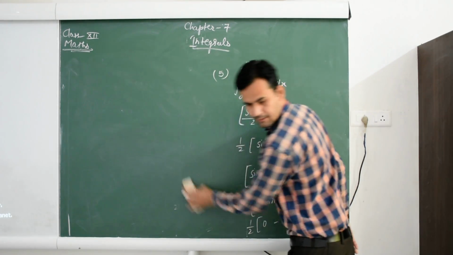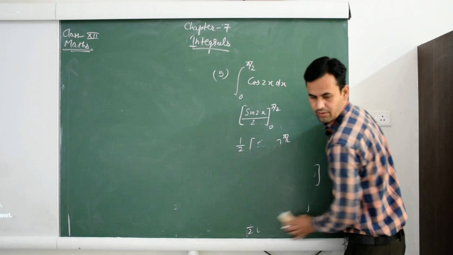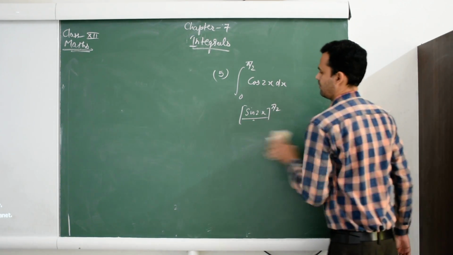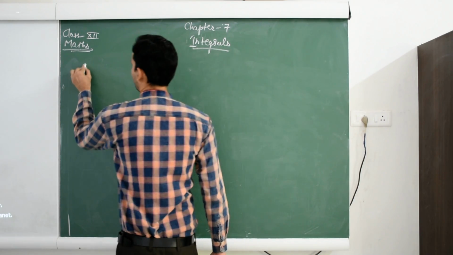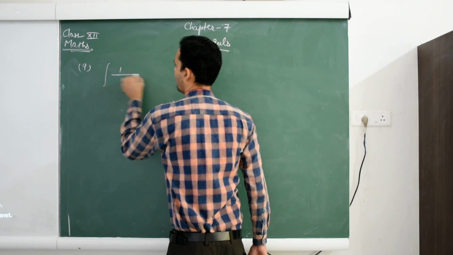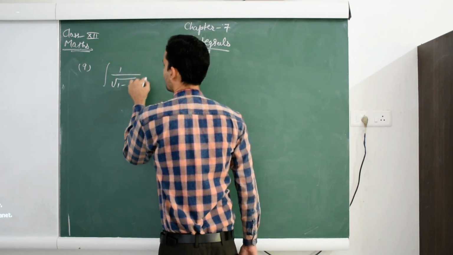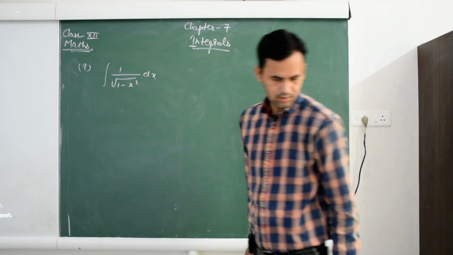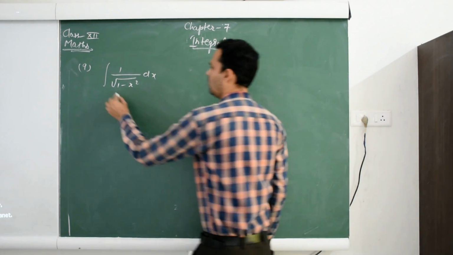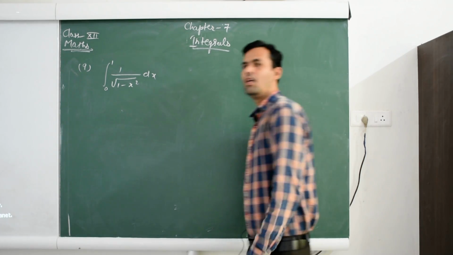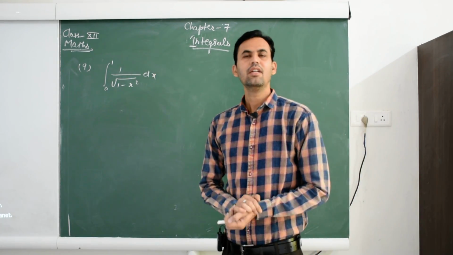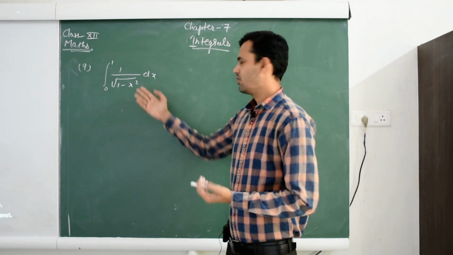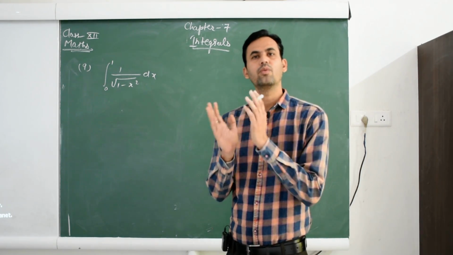Next question, question number 9: the integral of 1 upon under root 1 minus x square dx, limit is 0 to 1. We know that the integration of this function is sine inverse x.